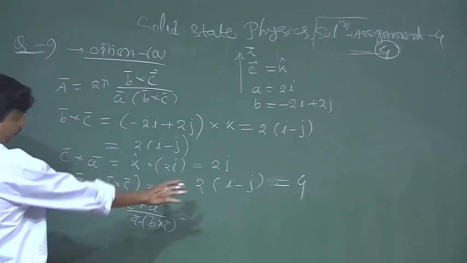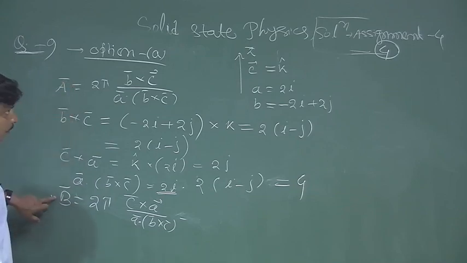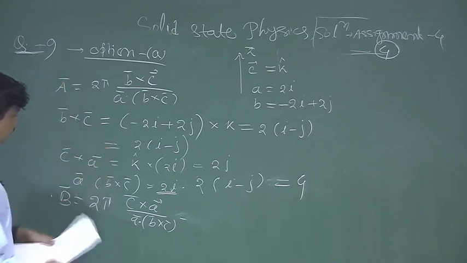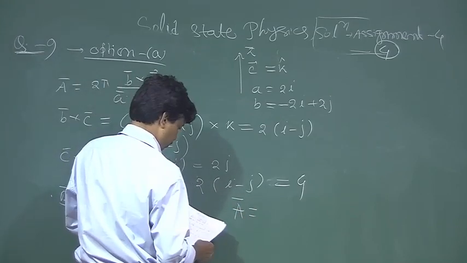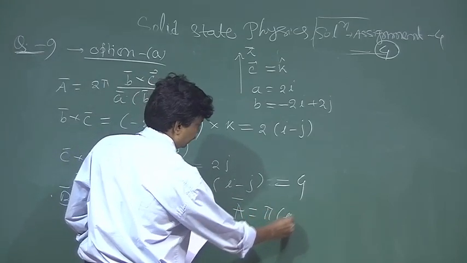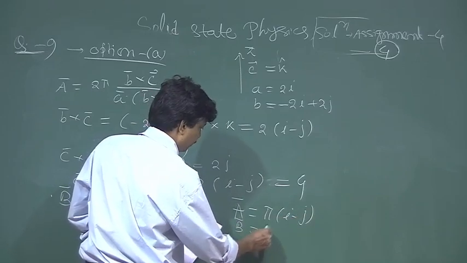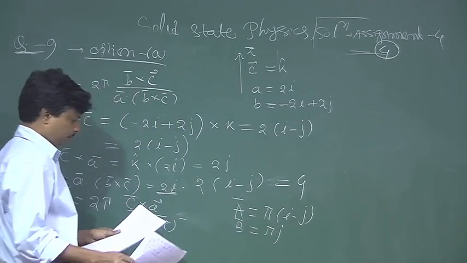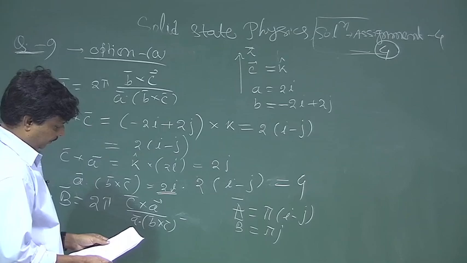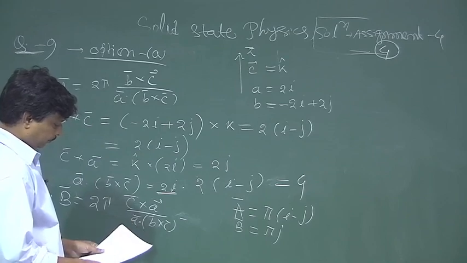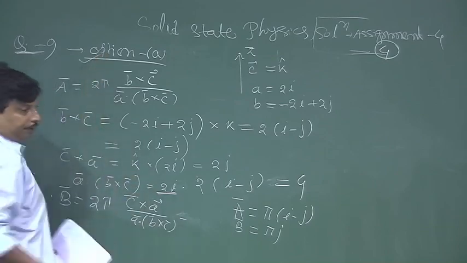Now, in place of your A vector and B vector, you put these values and then you will get your result. This A will be pi into (i minus j) and your B will be pi j. So, option A is correct.